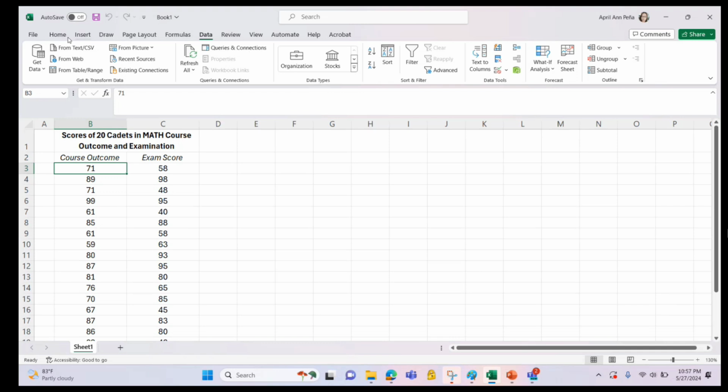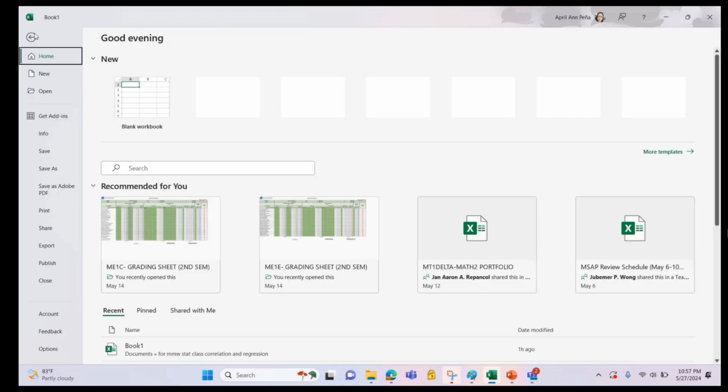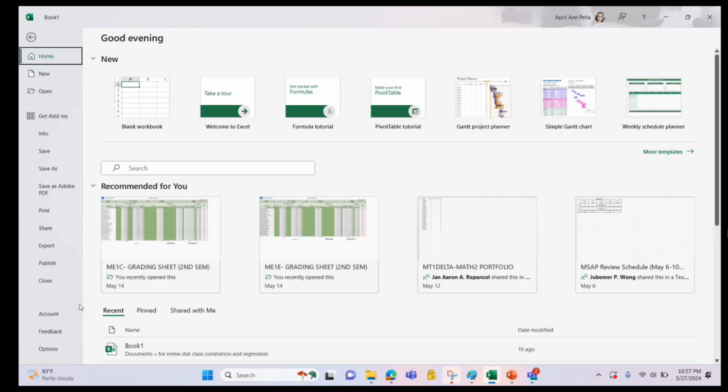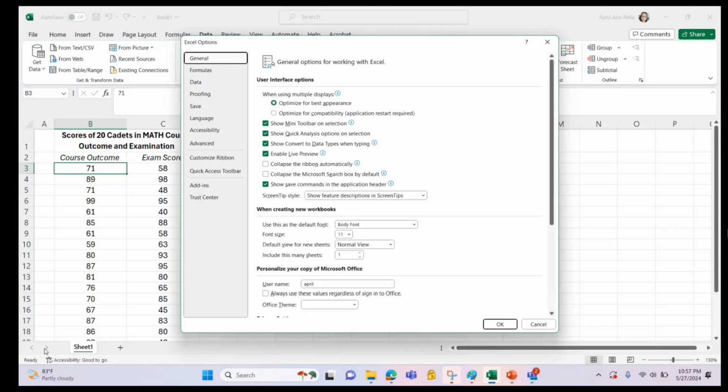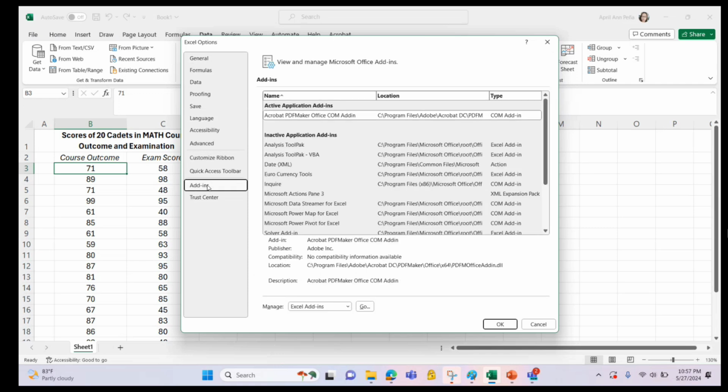With your laptop, you just go to File and then Options. You click on Options. So we have here General, Formulas, Data, and so on. You click on Add-ins. After clicking Add-ins, as you can see, we have active application add-ins and inactive application add-ins.